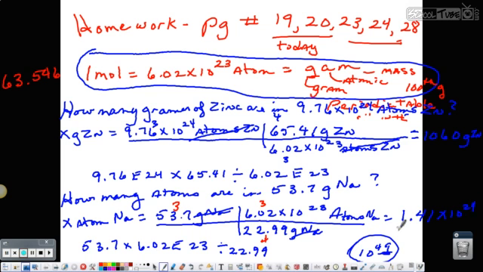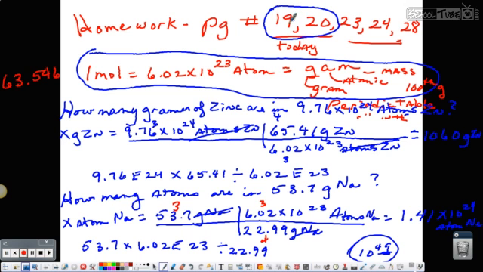There's a lot of difference between 1.14 and 1.41 and 1.41 times 10 to the 24th atoms. When you have atoms, you're going to have a pretty big number every time. Atoms of Na.